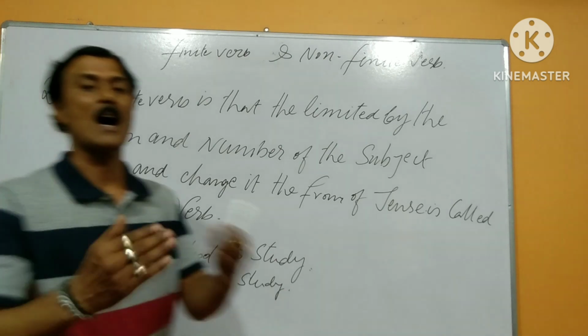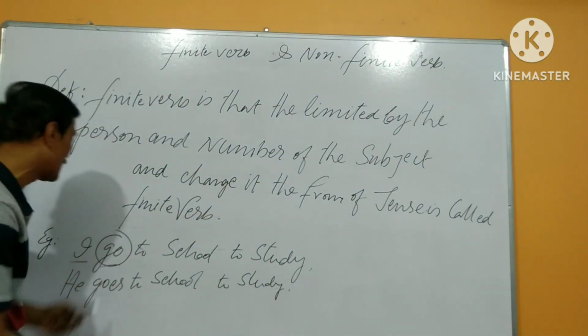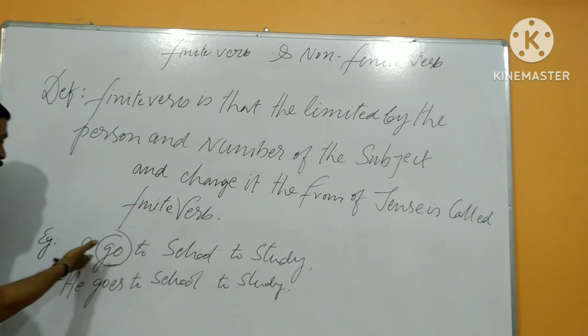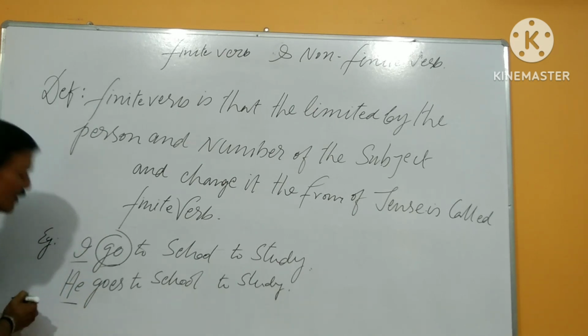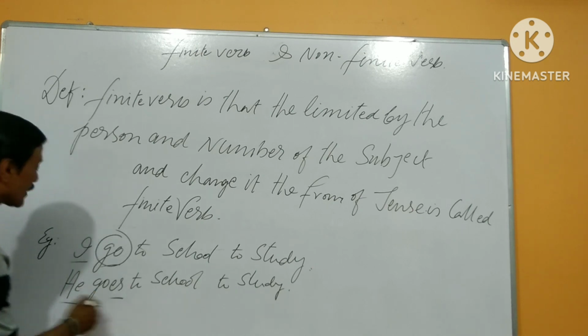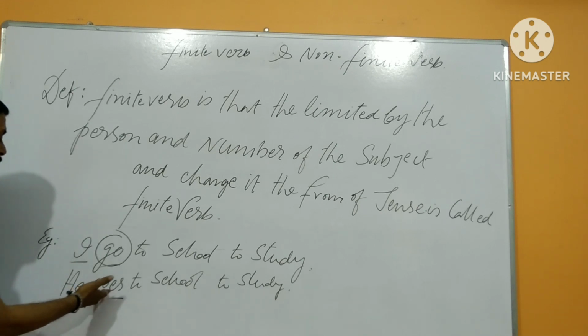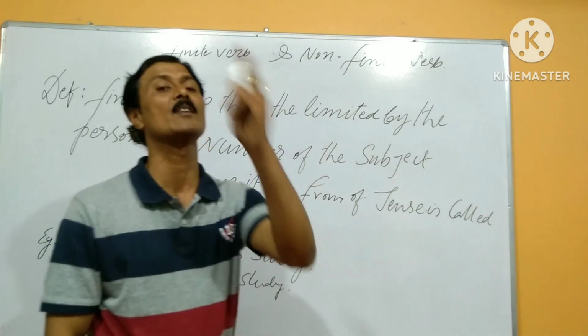First person means I, we, me, us, mine, ours. I is the first person here, so go as a verb agrees with the subject, meaning person. Second one: he goes. He is a person and goes is the verb here. It is the third person, so limited by the person, we use goes, not he go.